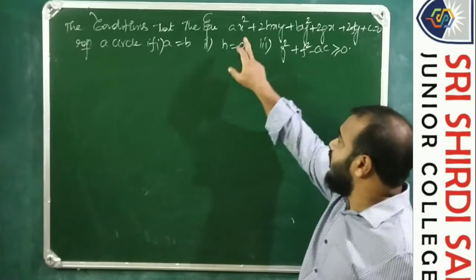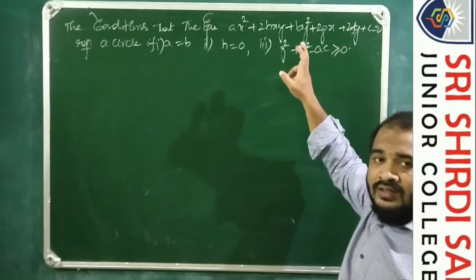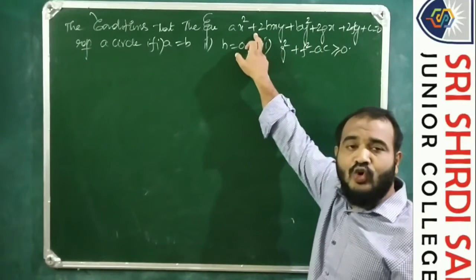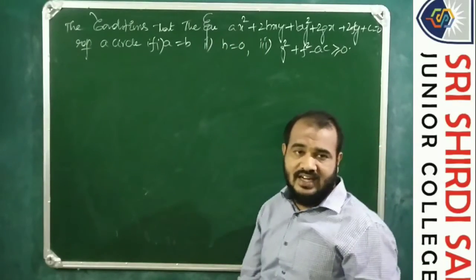So if it satisfies these three conditions, then the second degree non-homogeneous equation automatically represents the equation of a circle.